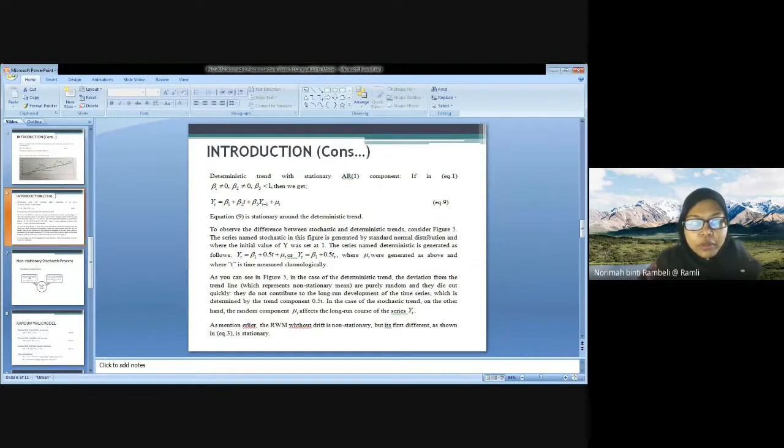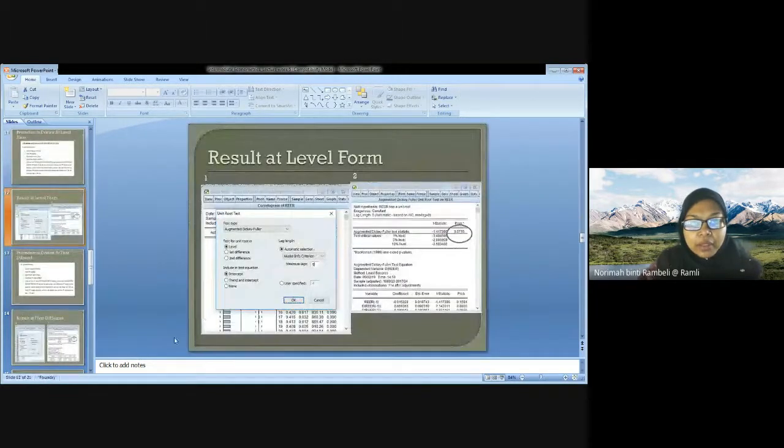So if we go back to the equation here, you do the test at level, you choose second, trend and intercept, and you change the lag. How many lags? Guys, change to how many? 1. Yes, change to 1. So, okay.